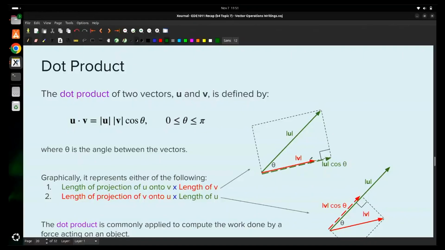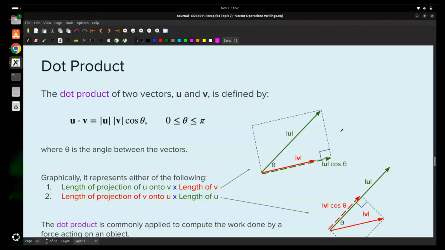Theta is the angle between the two vectors, so u cosine theta must be giving you this green dotted arrow. So you are taking the projection of u onto v, then multiplying by the length of v.